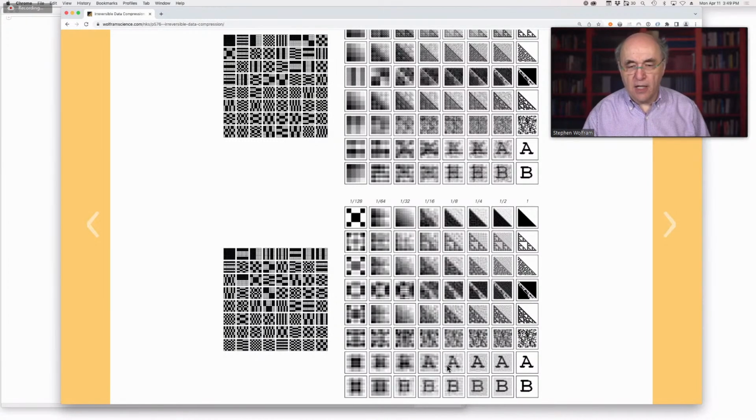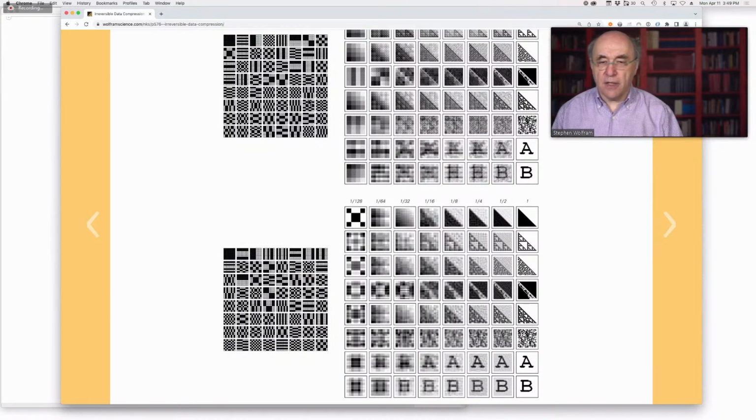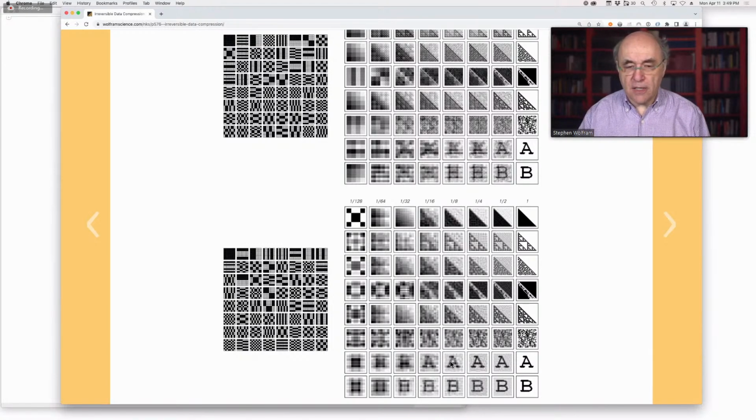And we can see that when we weight it towards what's actually important, we get patterns that are recognizable, like these letters, much more quickly with many fewer bits than if we just use these in the mathematical order that we computed them. So again, we have this method of compression that is successful.